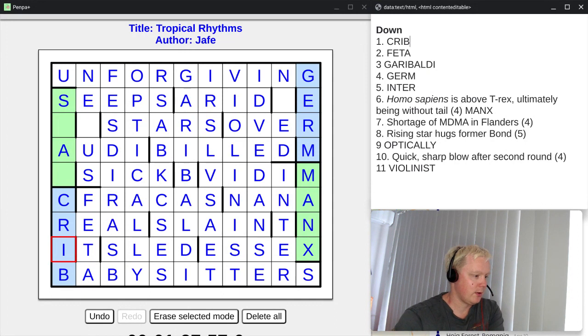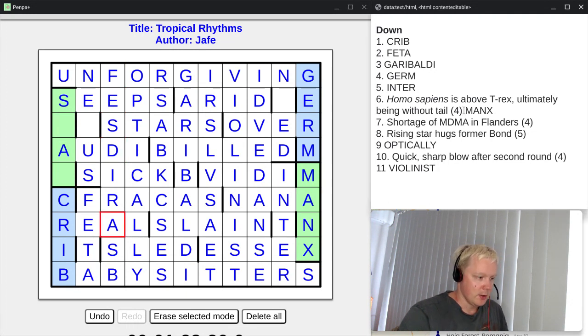And now we have an almost filled grid already. We have just a few letters remaining. 1, 2, 3. It's 4 letters, and we still have 4 answers to fill. Okay, and then afterwards we might need to add some more of these dividing lines so that we don't have nonsense words in the grid, like for example here.